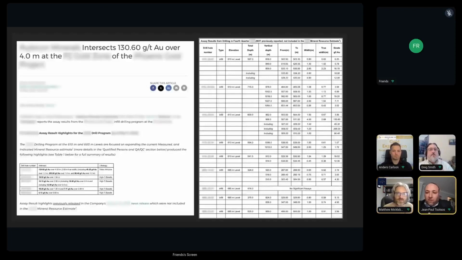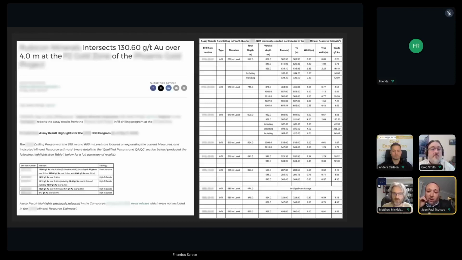Okay, so the first thing when I'm looking at this, look at the top. It says the drill hole number, we have the type of drilling that's going on. So they're doing infill drilling, and that's what's happening here. Then you have the elevation. So it looks to me like brownfields exploration here because they're drilling at different levels.